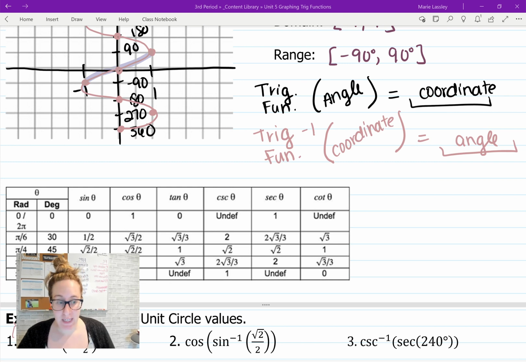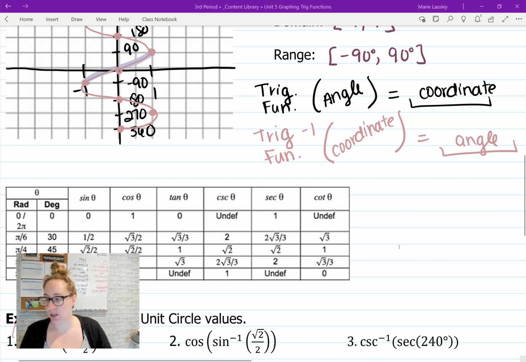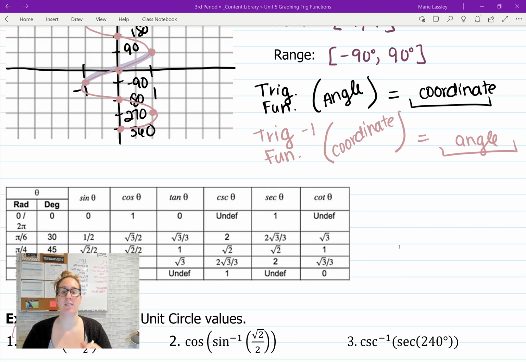With regular trig functions, you have the trig function on the outside, some angle in parentheses, whether that angle is given in degrees or radians, and you're supposed to spit out a coordinate value. With inverse trig functions, you have your trig function on the outside with the -1. It's going to give you some coordinate, and you need to figure out what angle has that coordinate. That's the difference.